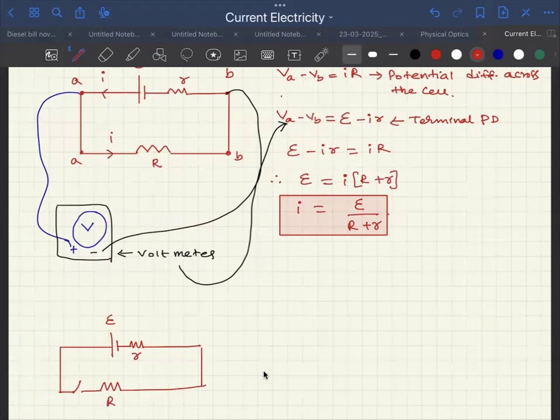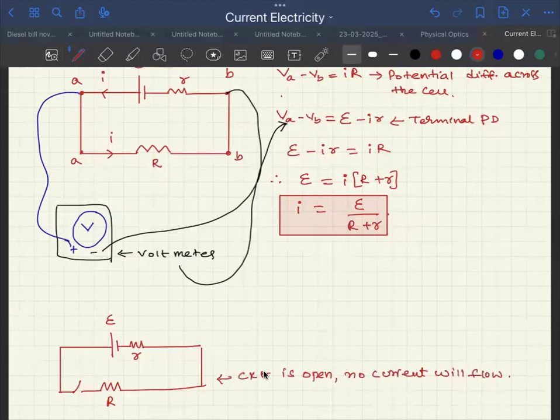I didn't ask you a difficult question. Since it is an open circuit, there won't be any current flow. For the flow of current, the circuit must be closed. Here the circuit is open. No current will flow.